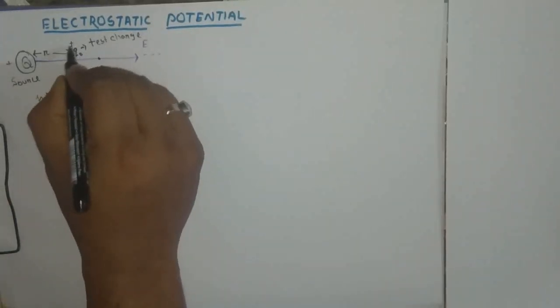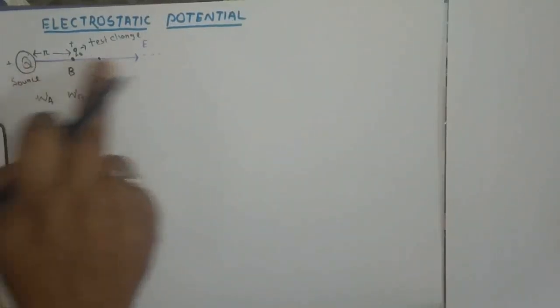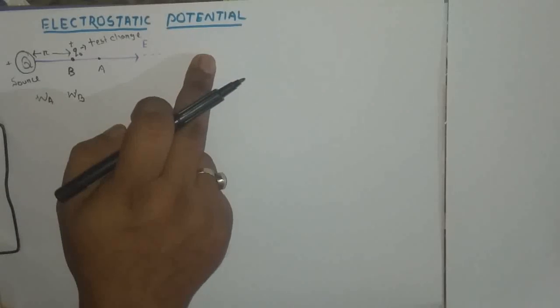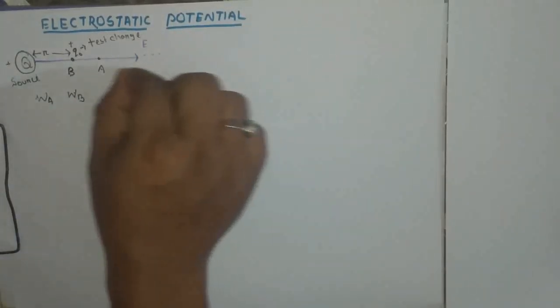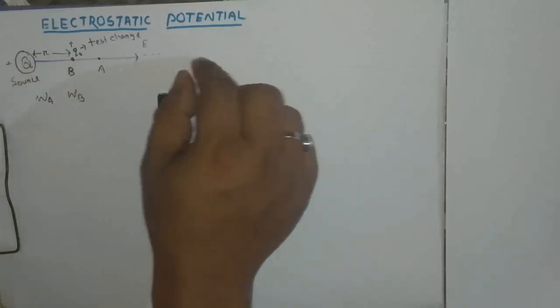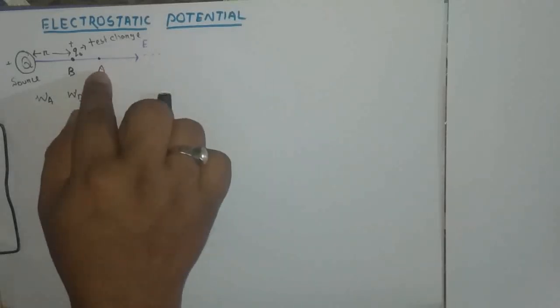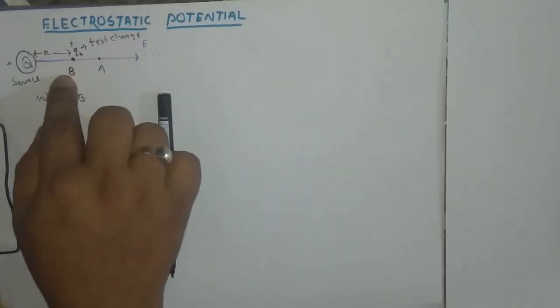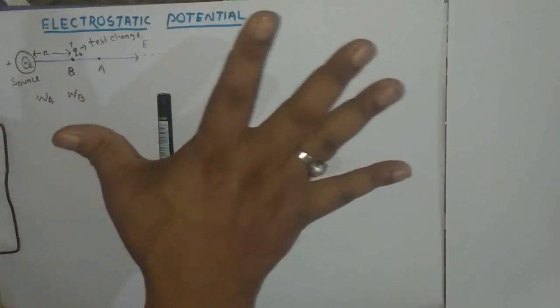If the test charge is positive, that means the electric force is in this direction, the electric field is in this direction. I am doing some work against the electric field. So what are you thinking? Is it easy to bring it to the point A or to the point B? Obviously, like a magnet, the nearer you try to bring it, the more repulsive force you will get.